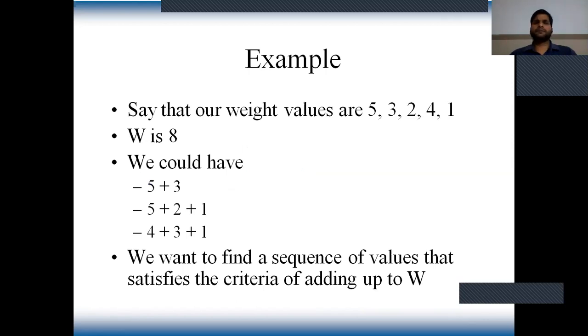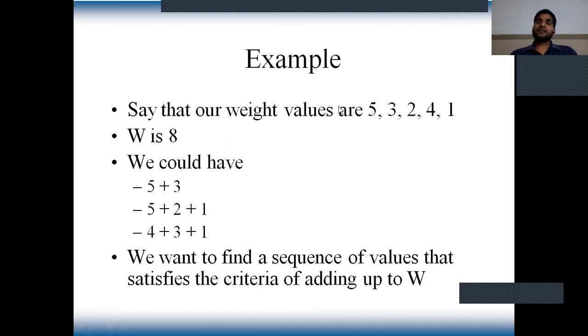For example, say that our weight values are 5, 3, 2, 4, 1, and we have a knapsack capacity capital W equal to 8. So we find several subsets of the given set whose sum is equal to 8. The first subset is 5 plus 3 equal to 8.